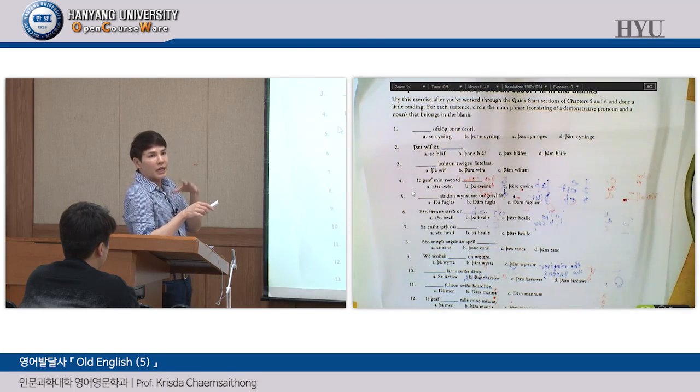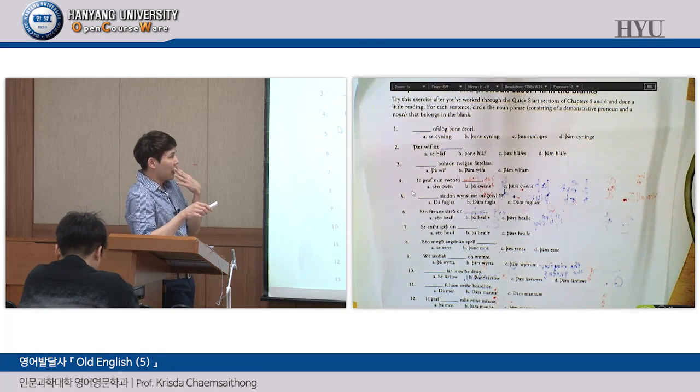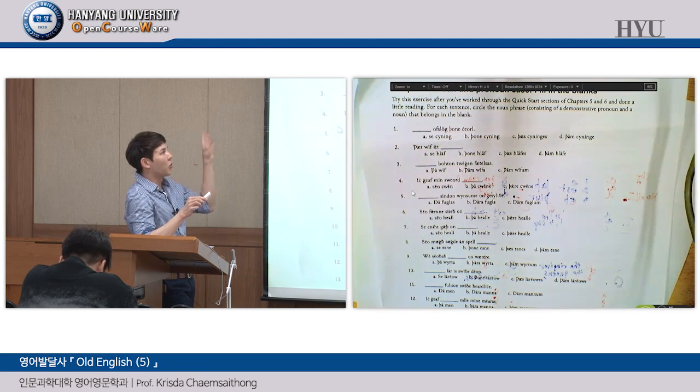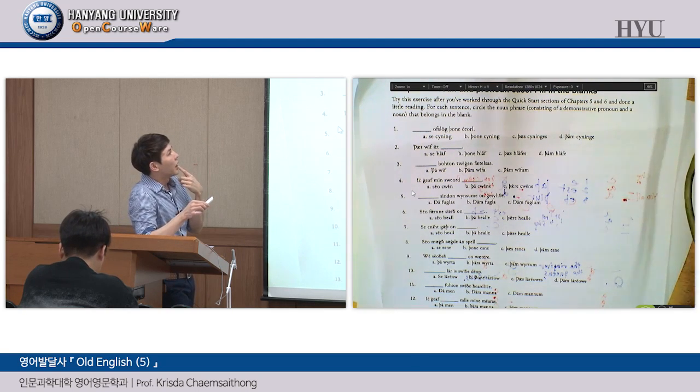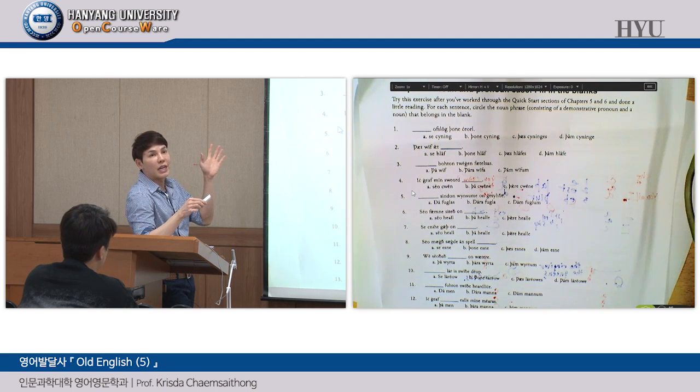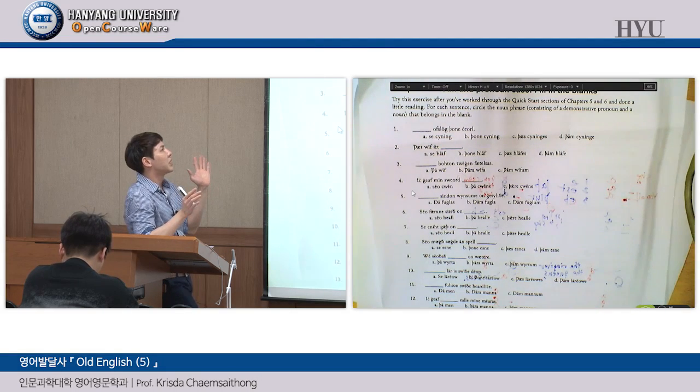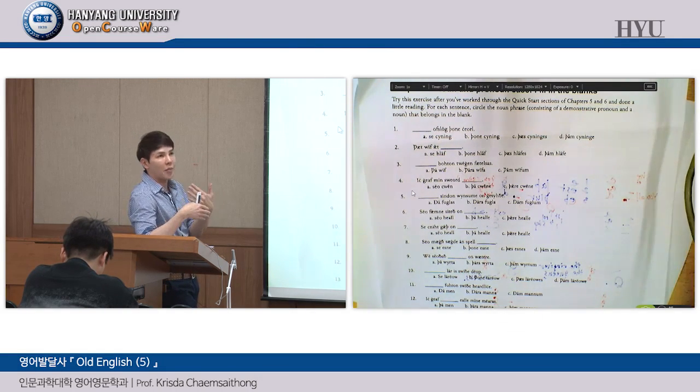So today we'll do Old English reading. And then after today, you should be able to understand who is doing what to whom, right? But for this practice, what you have to do is to select the proper case and case ending, right? Based on your knowledge of syntax and based on your knowledge of Old English grammar.